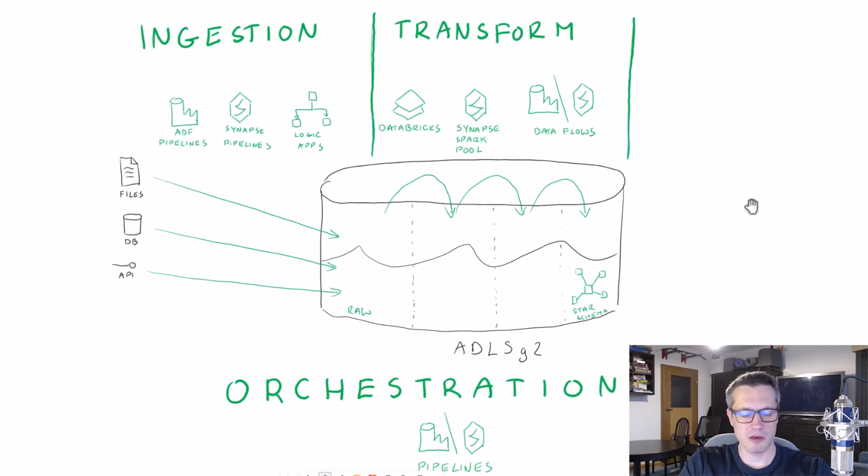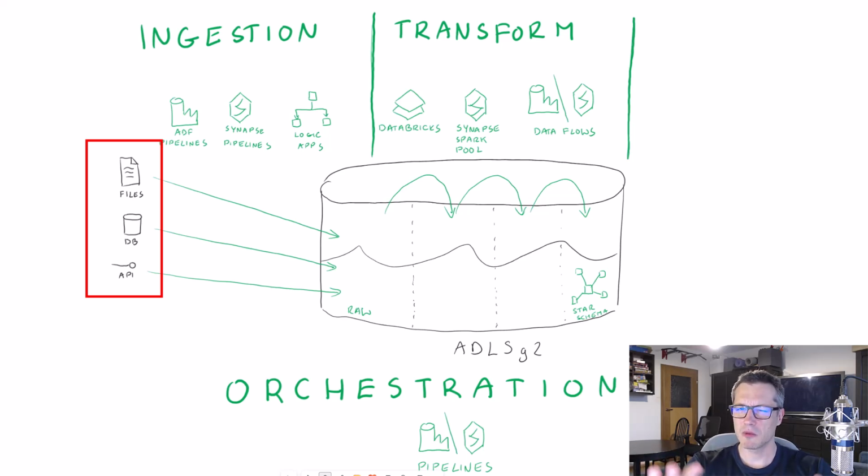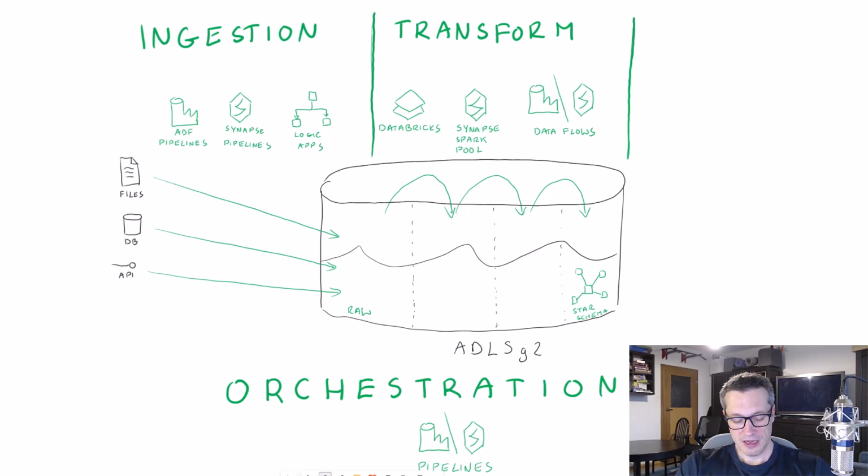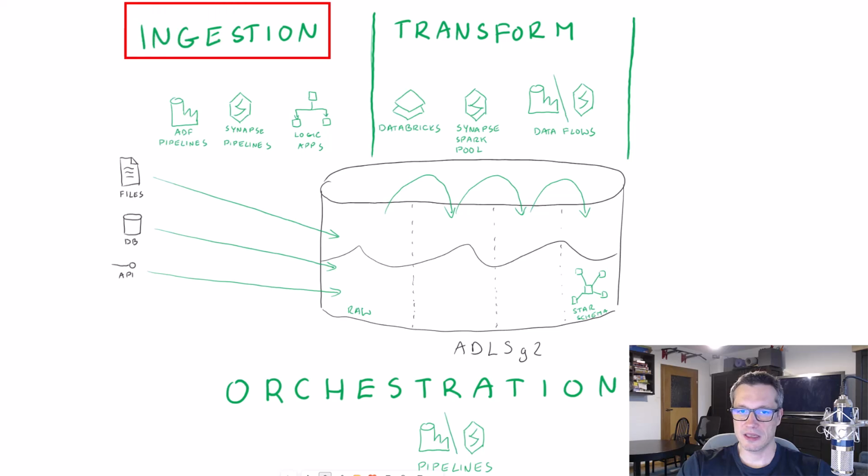So let me quickly go through this. As always, we have various data sources, files, databases, APIs, or whatever there is. This is the data that we have to process and then do something with. And the first step that we do is to ingest this data, to make it available inside Azure, just to grab it and dump it to a data lake in its native form.